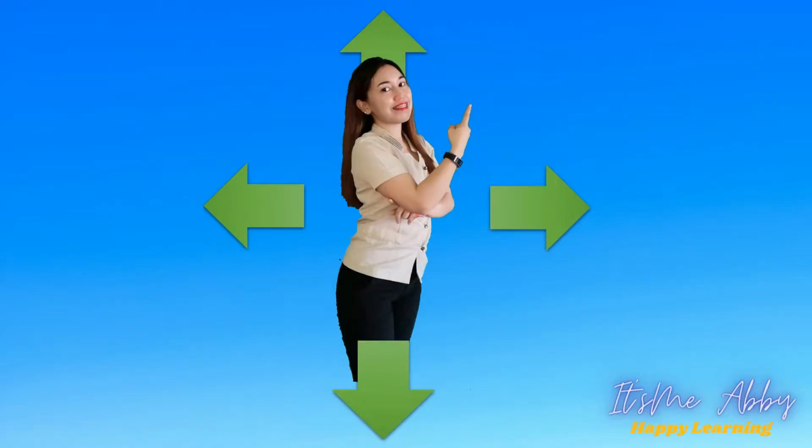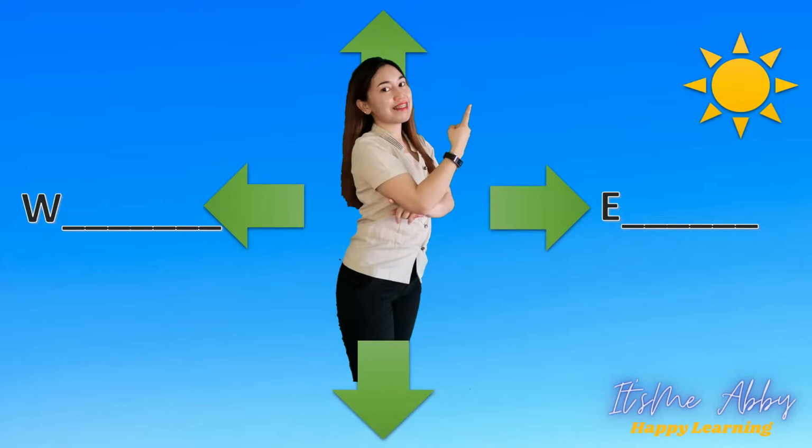Before we proceed to our new lesson for today, I want to check if you still remember the 4 basic directions. Assuming that I face the sun, what does E mean? How about W? W stands for? How about N? N stands for? And how about S? S stands for?